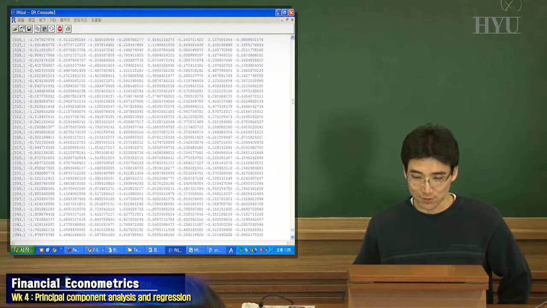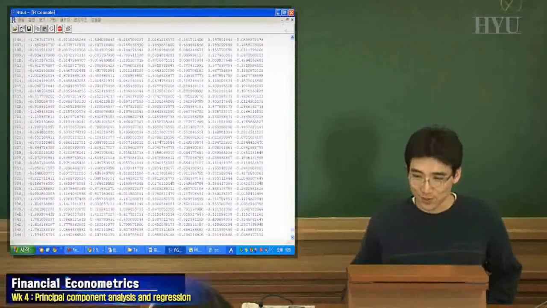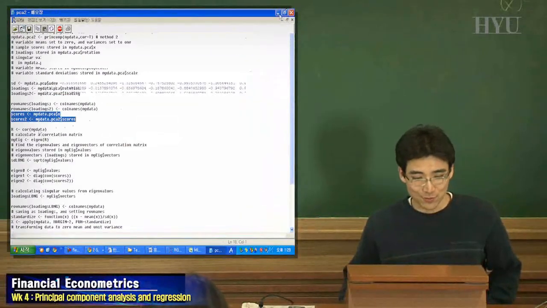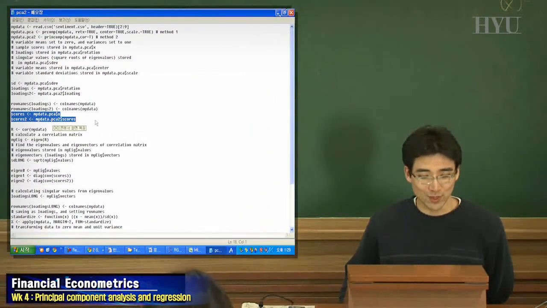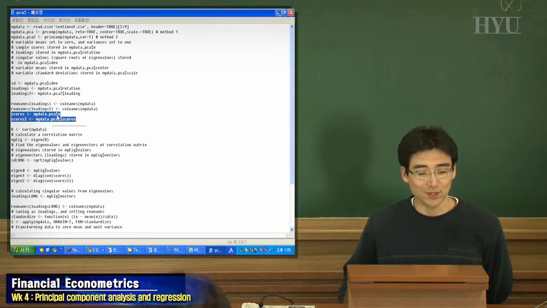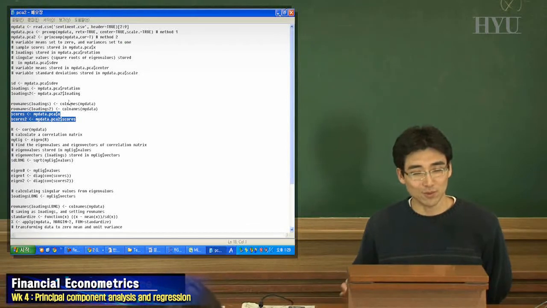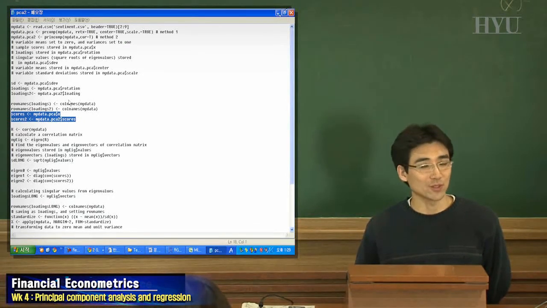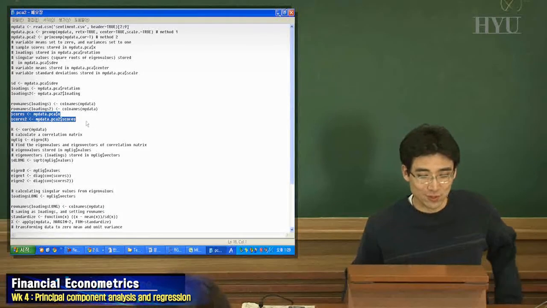Yeah, still it is too large. Anyway, so they are the score matrix, which is basically the principal components. They are the factor loadings multiplied by eigenvalues multiplied by the original data.